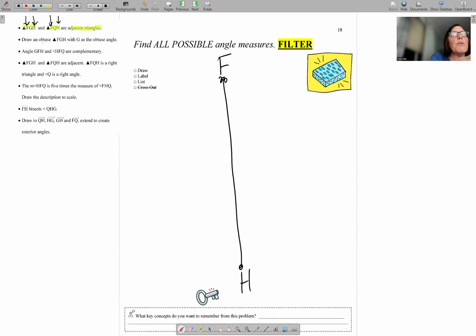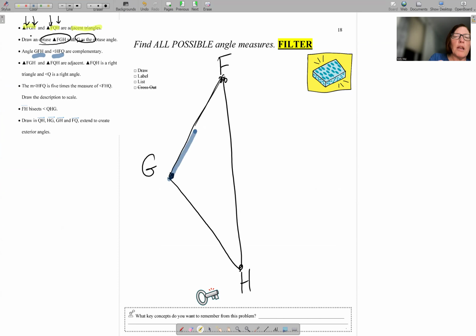We are told that we have an obtuse triangle FGH where G is obtuse. Now we know a little bit what this looks like. G is going to be obtuse. Angle FGH, so that's G, and GFH and HFQ, which is the other triangle.